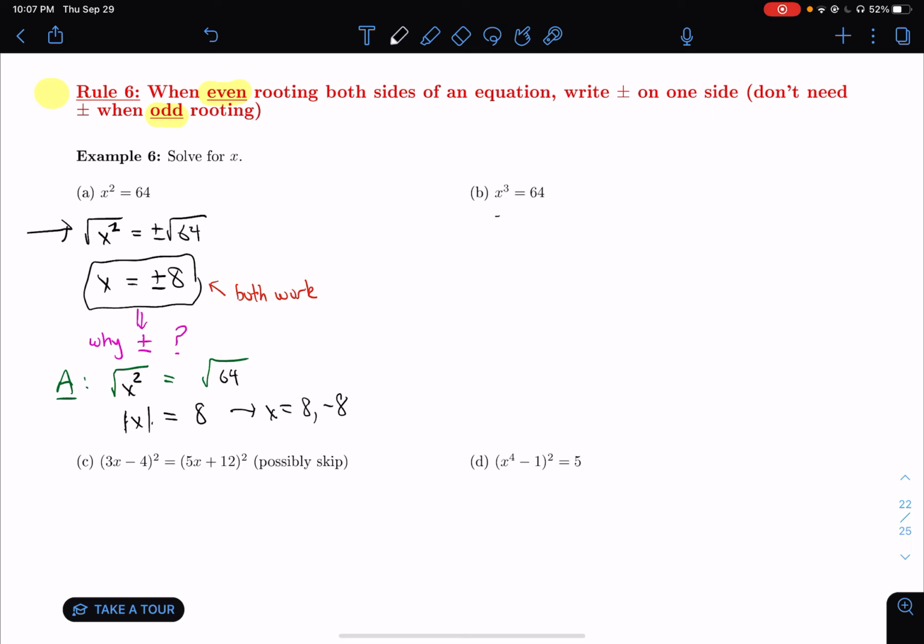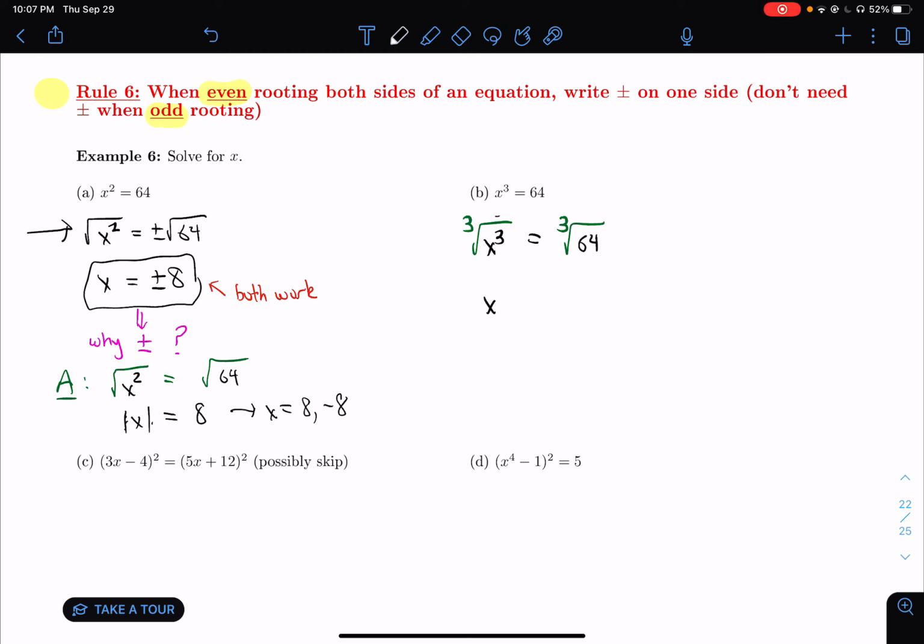In B, I got x to the third equals 64. I got an odd power this time, so I can get rid of it by cube rooting both sides. So I get cube root of x to the third equals cube root of 64. On the left, when I cube root x to the third, I'll just get x.